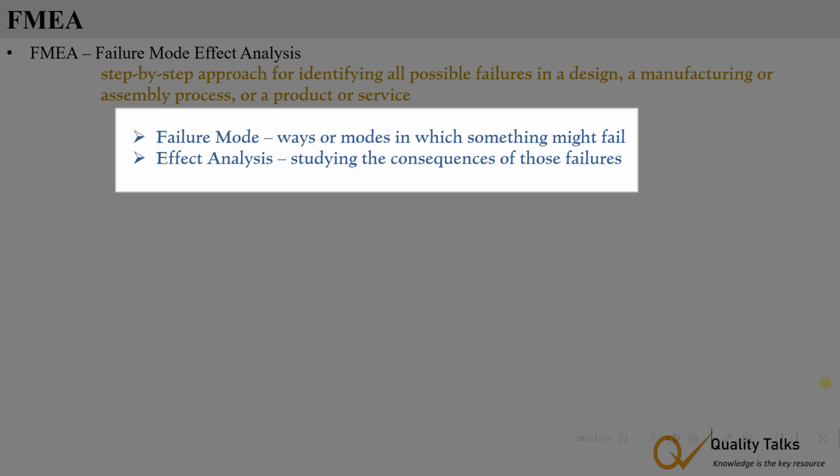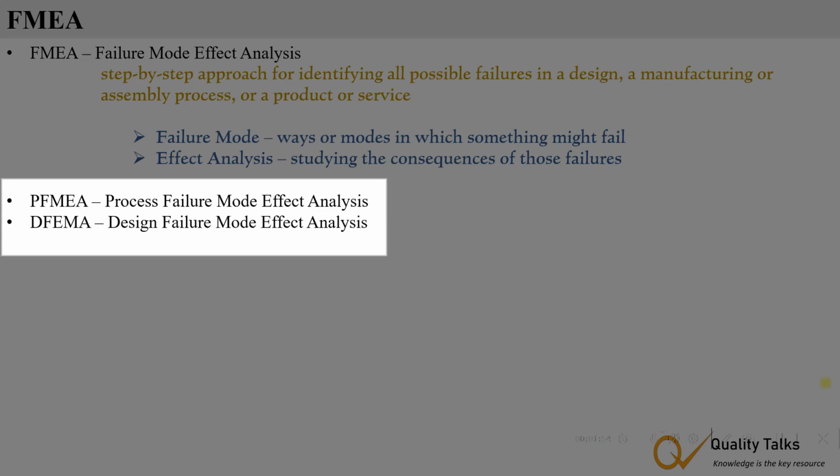Effect analysis is studying the consequences of those failures. When the FMEA is done for a process, it is called Process Failure Mode Effect Analysis or PFMEA. When the FMEA is done for design, it is called Design Failure Mode Effect Analysis or DFMEA.